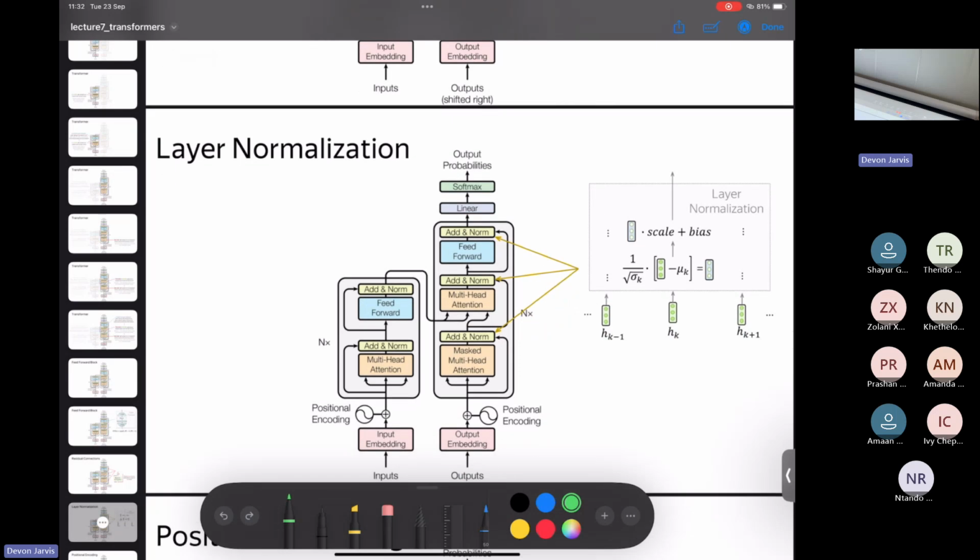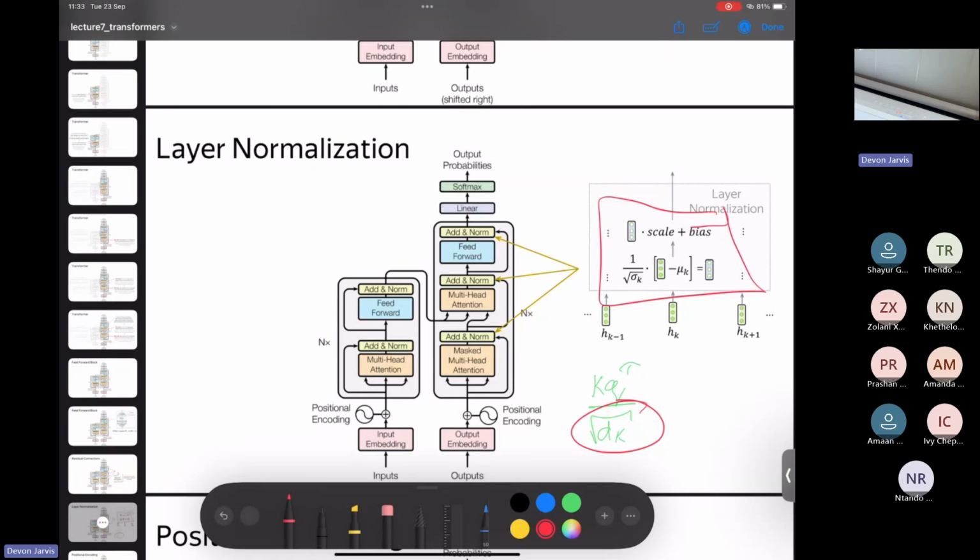And again, it's a little bit more technical than what we need to go into today. But a lot of people are thinking that the fact that you do your key times query divided by square root of dk, all right? Don't know where the transpose was. A lot of people are saying that this division by dk, coupled with this scaling here, is doing a lot of important work, right?